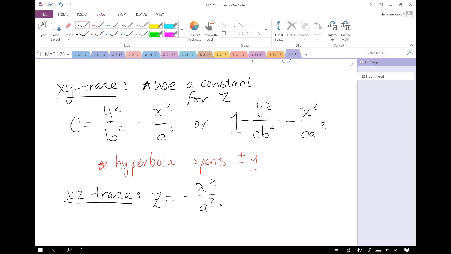Nope. It's not a hyperbola. It's a parabola, right. Parabolas always open in the direction of the linear variable. So it's going to open in the z direction. And because the coefficient is negative, it's going to open in the negative z direction.